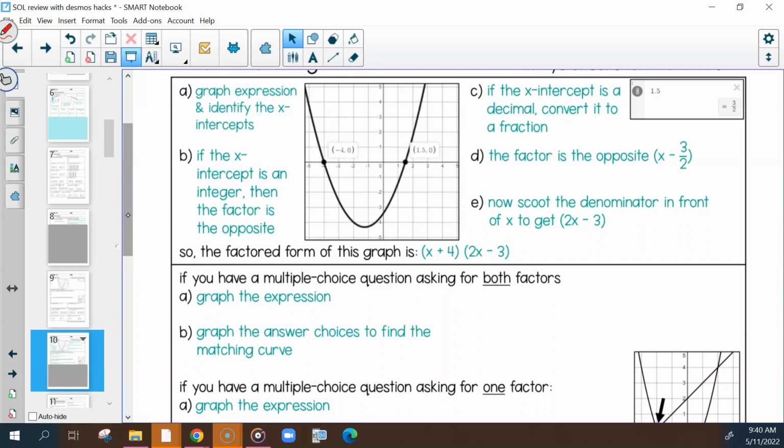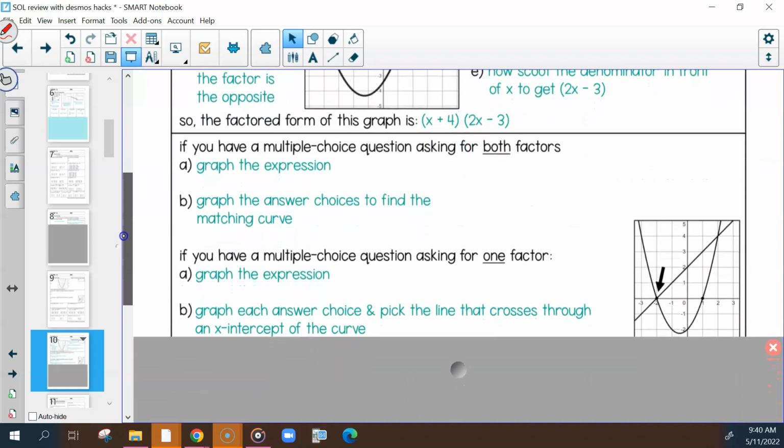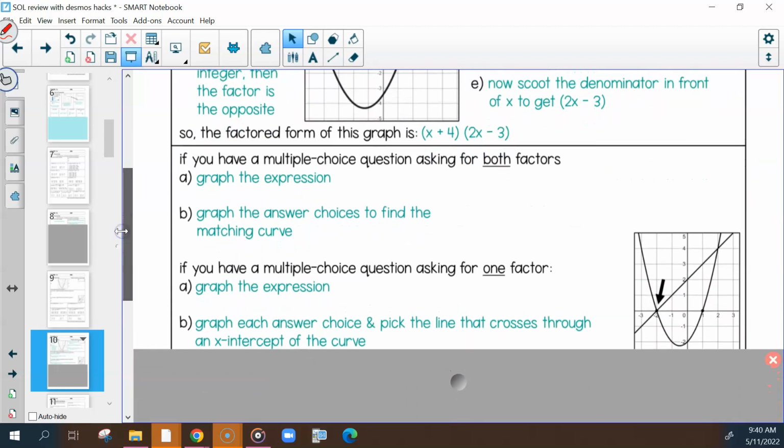So we use this top part. So then that B part of this was graph each answer choice and pick the line that crosses through an x-intercept of the curve.